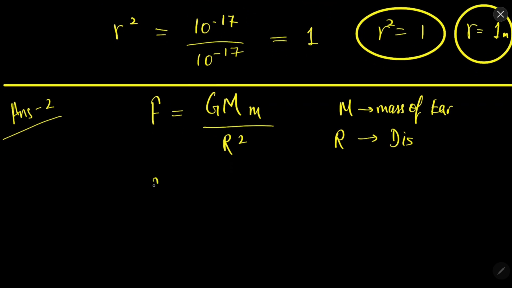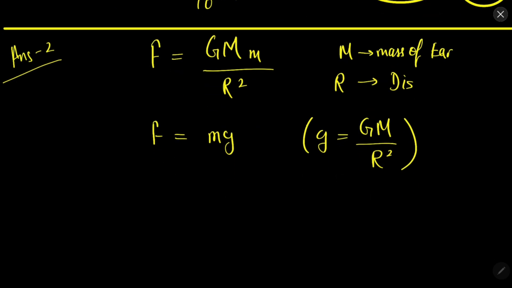So this force can also be written like this, mg, where g is the acceleration due to gravity, which is equal to GM upon r square. This is the formula for weight, if you know. Weight is just the opposition to the force of gravity. So weight equal to mg, let's say the person is of 50 kg.